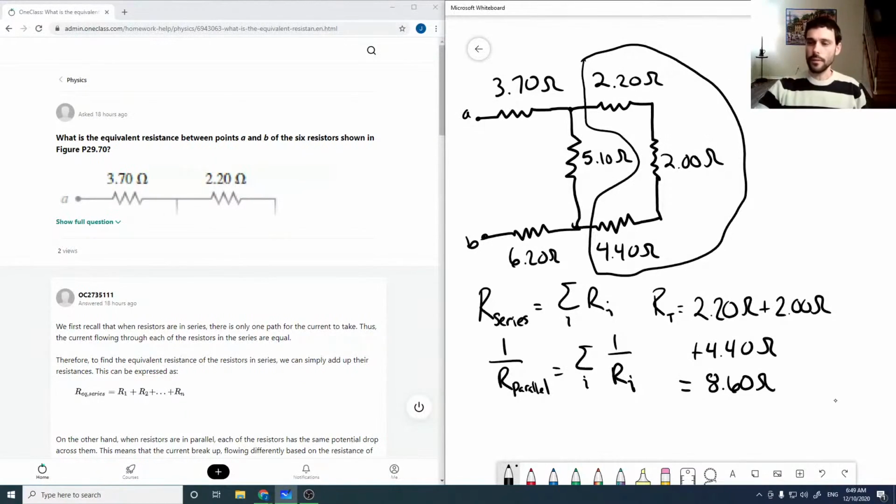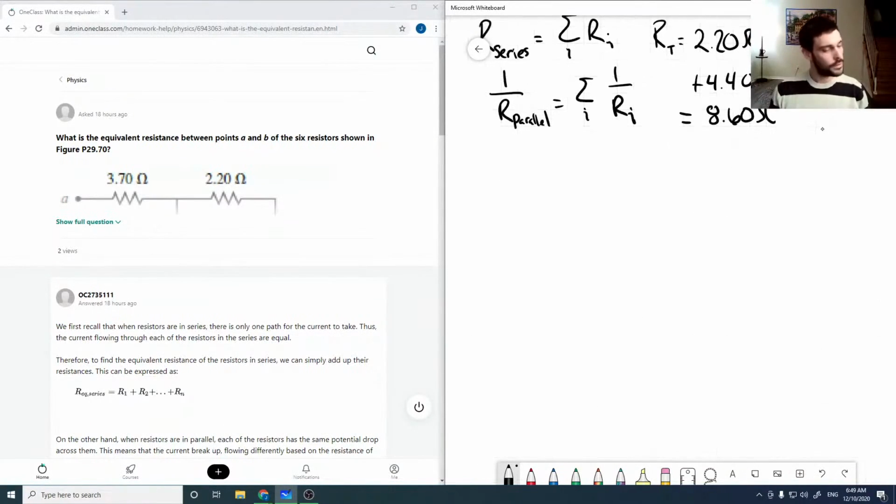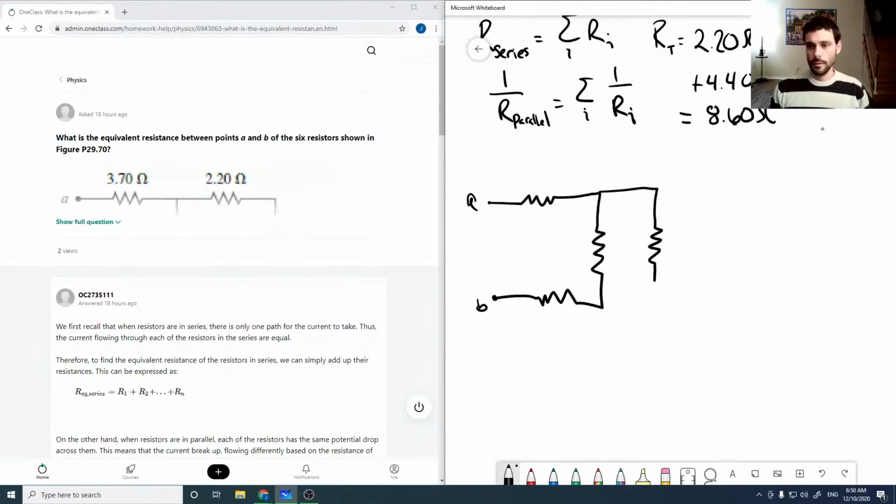And so we can redraw the figure as something like this. So we've collapsed those 3 resistors into 1, and so we've got this 5.10 ohms, and then this 8.60 ohms, 3.70, and 6.20.